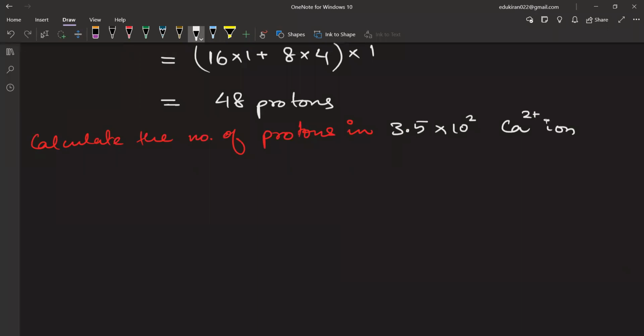Now, whether it is anion or cation, we don't have to worry about anything. So we'll write the formula. What is the formula?